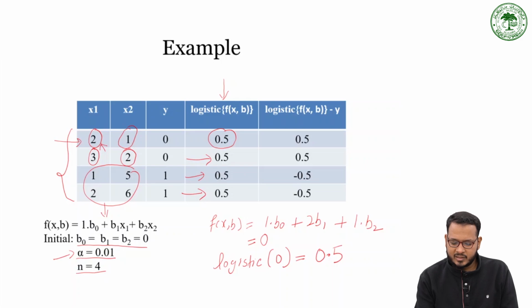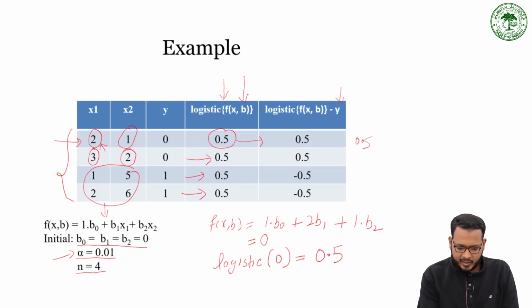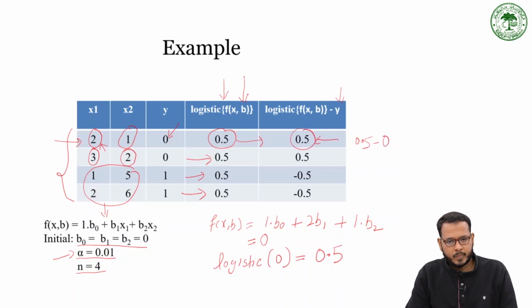Then we will calculate this expression, logistic value minus y, where y represents the actual class value. So in the first case, the logistic value for the first row is 0.5, the actual value is 0, so 0.5 minus 0 gives 0.5.